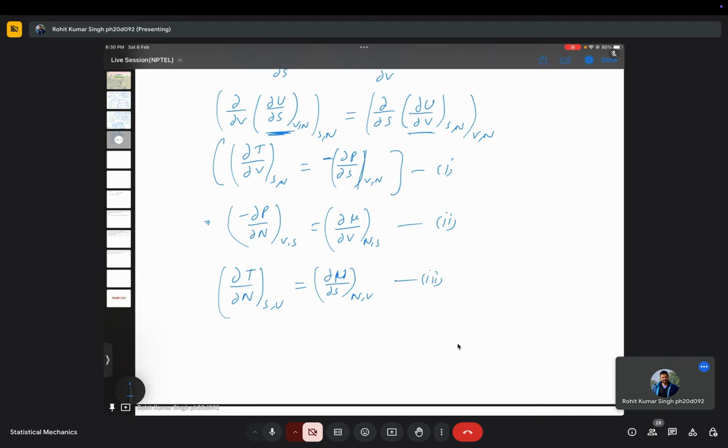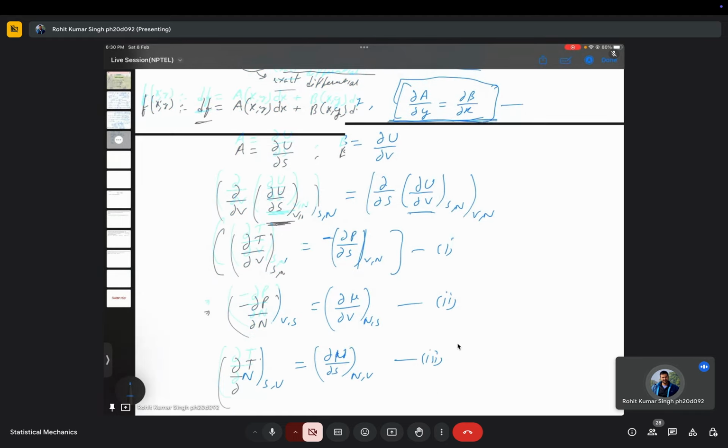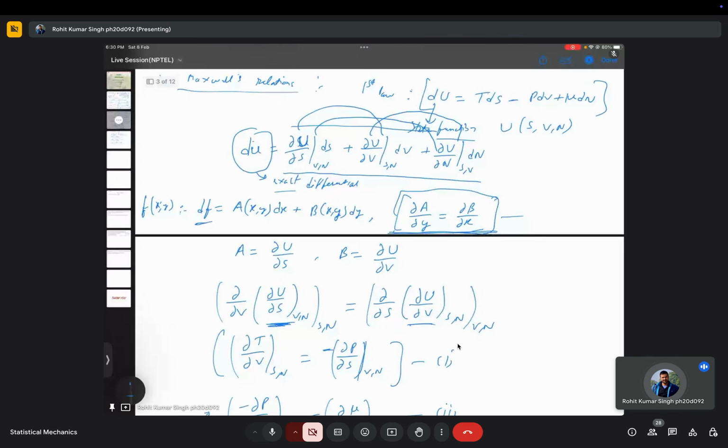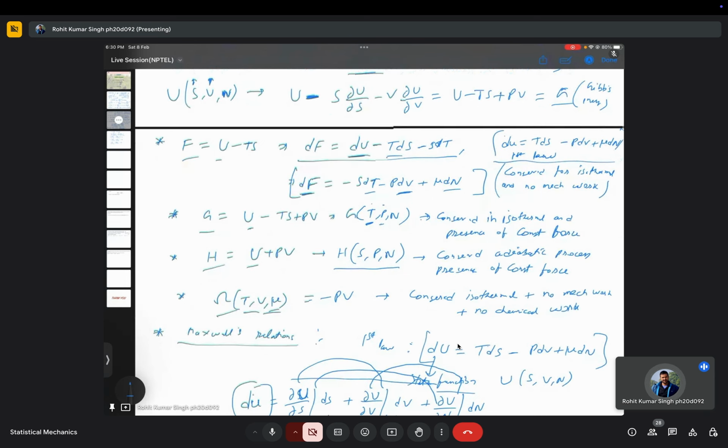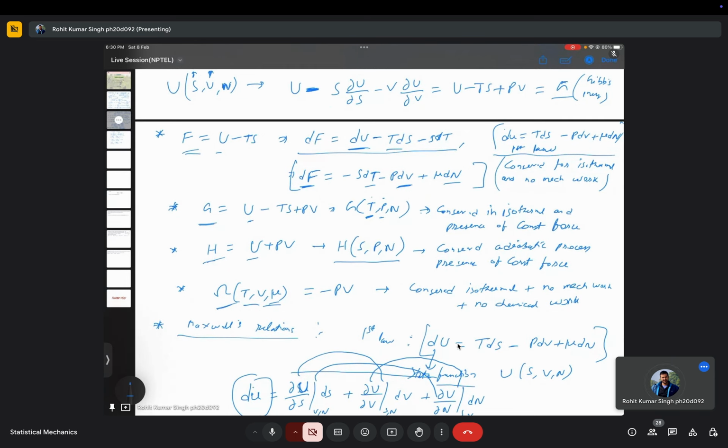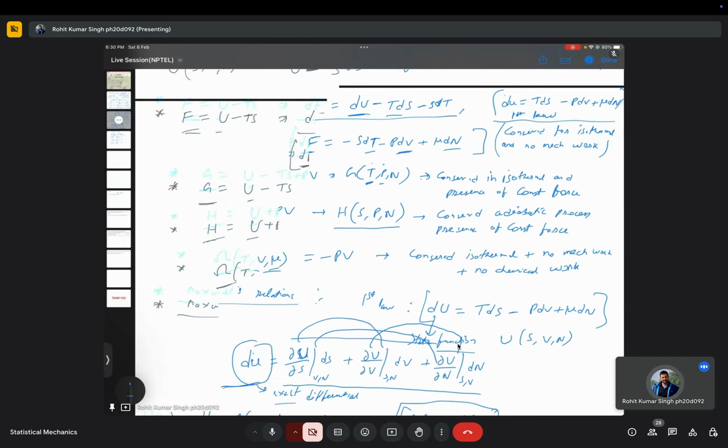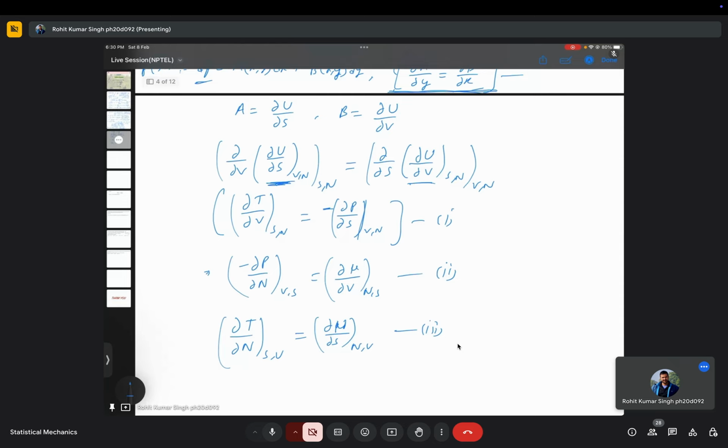Now, these three we got only from the internal energy. But we have these other four free energies also available, and these four will also give us three equations like this, right? So in total we will have 5 into 3, 15 equations.